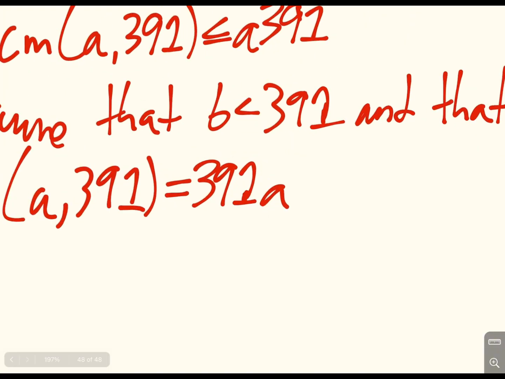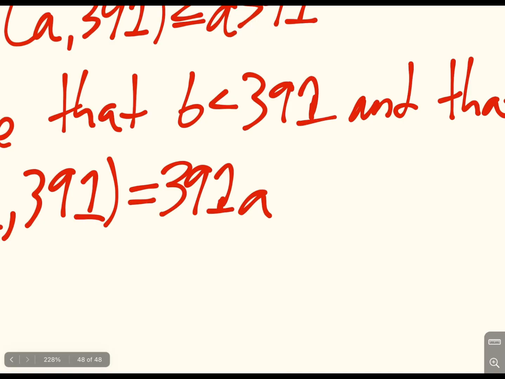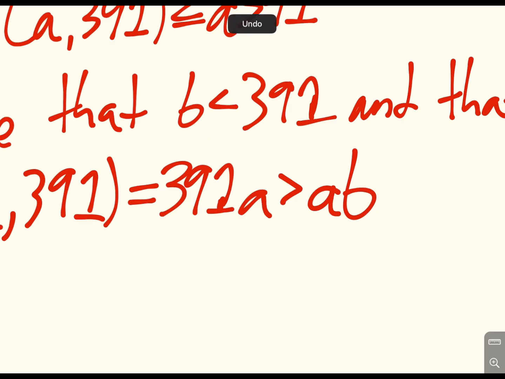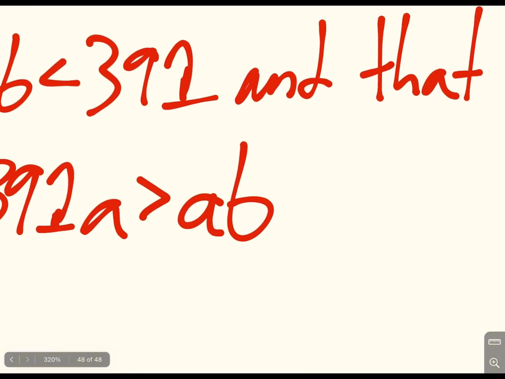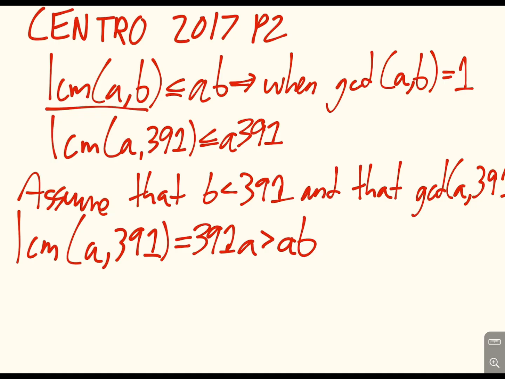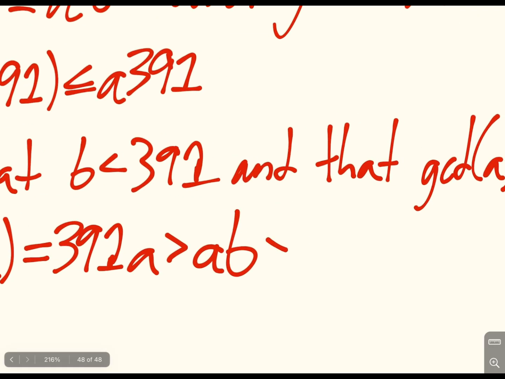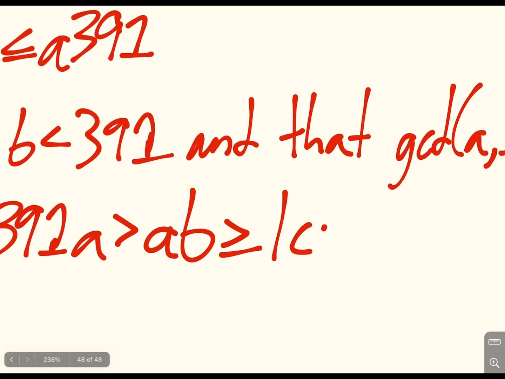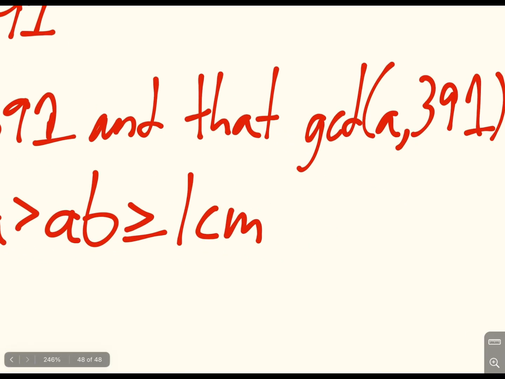But then this is going to be strictly less than a times b, because we already have that b is strictly less than 391. So we have that this is a strict inequality, and this is the maximum for the least common multiple of a and b, so this is greater than or equal to the least common multiple of a and b.